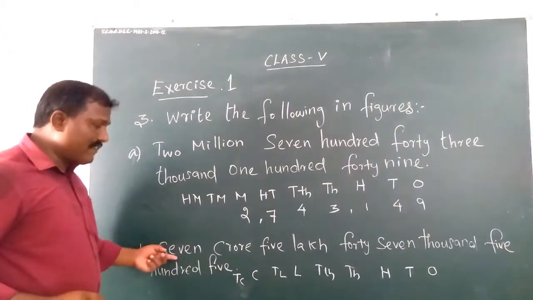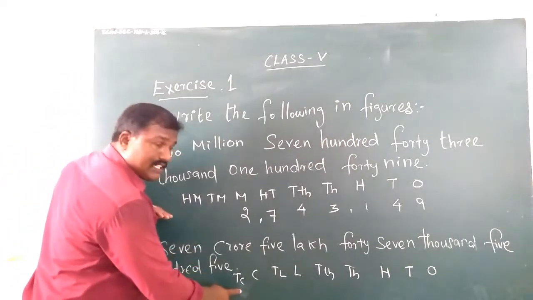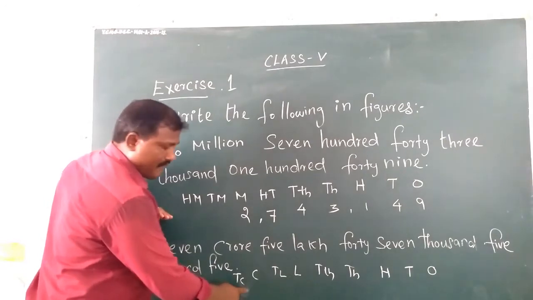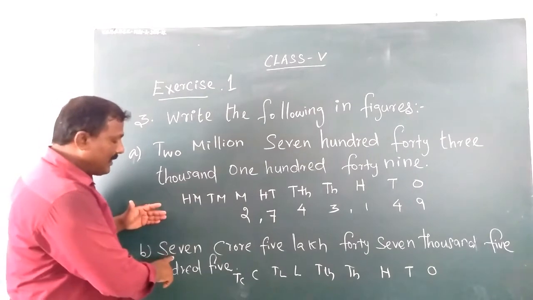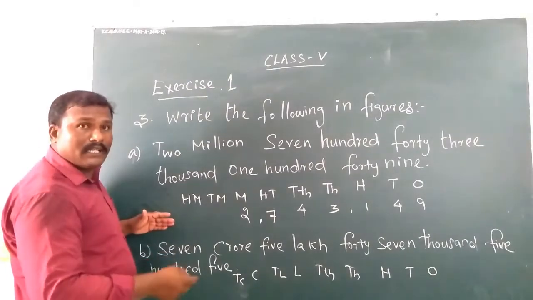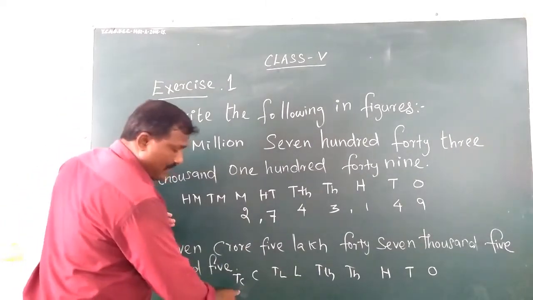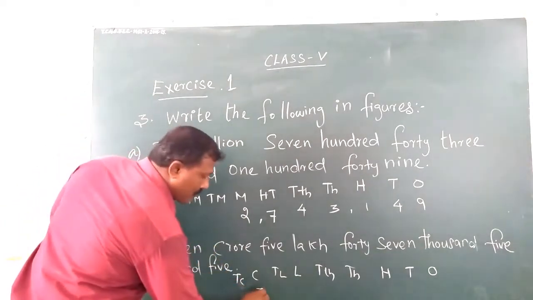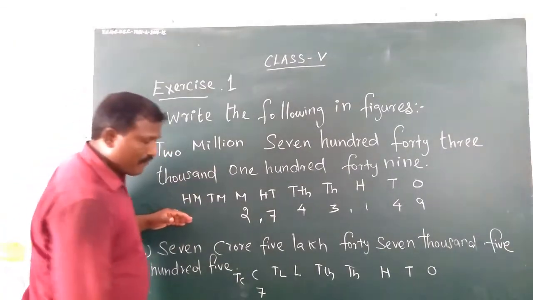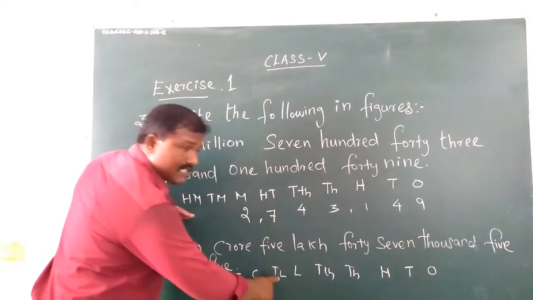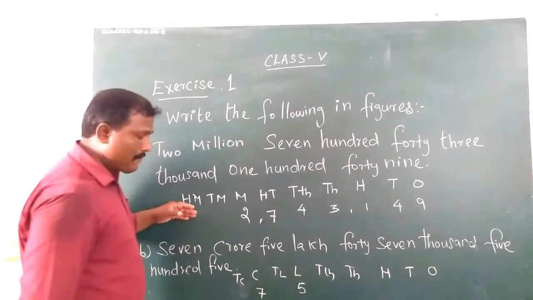Now 7 crore. 7 crore means don't put it in the 10 crore place, you have to put it in the crore place. Suppose if it were 70 crore, we would put 7 here, but for 7 crore we put 7 into the crore place. Then 5 lakh. Don't put it in the 10 lakh place because it's not 50 lakhs, it's 5 lakh, so we put it in the lakhs place.